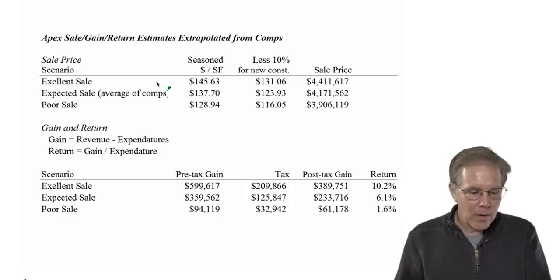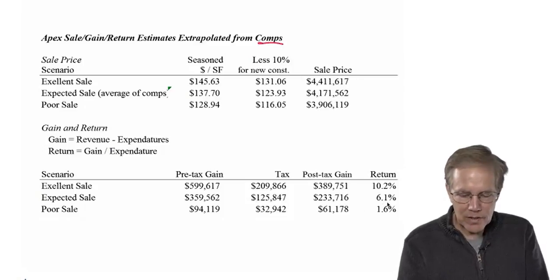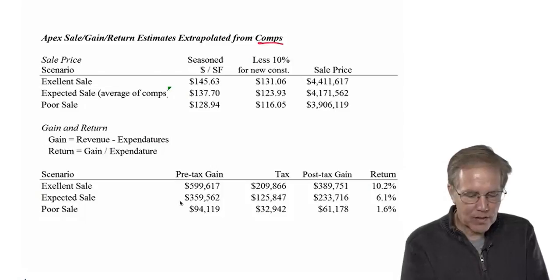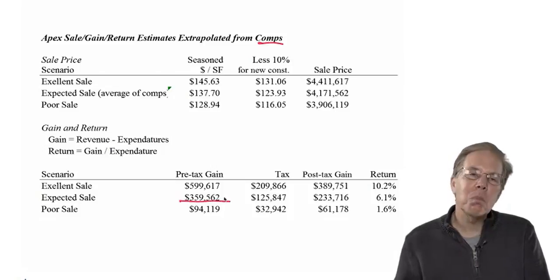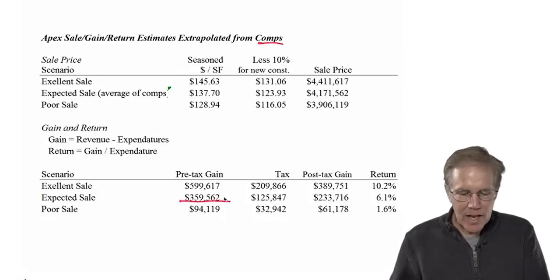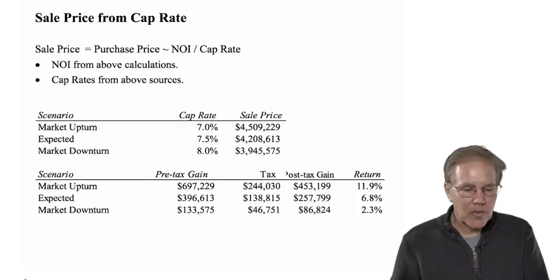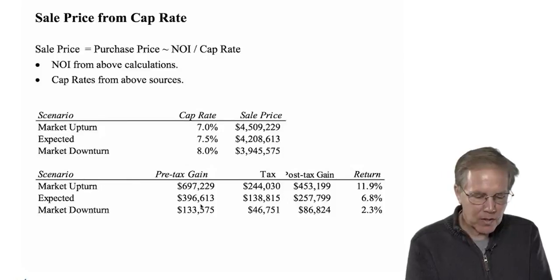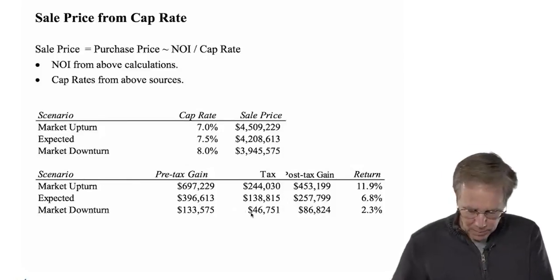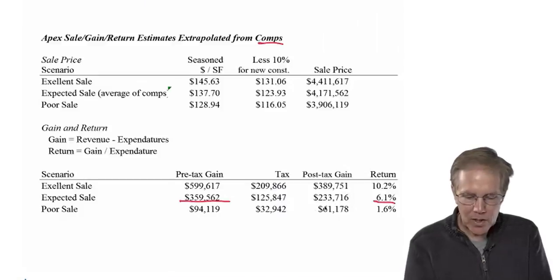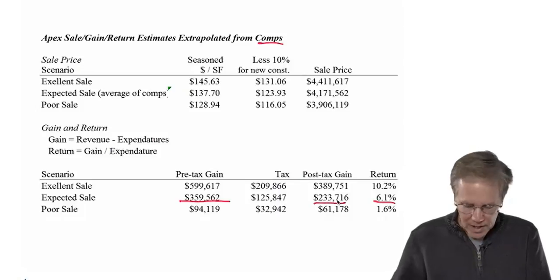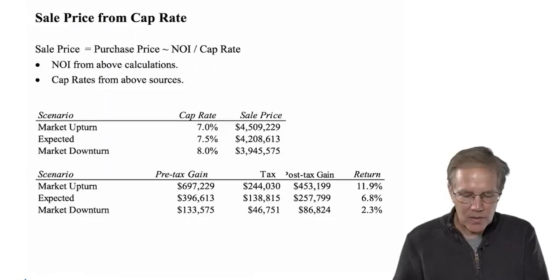So what we found for the comp sale was that for our expected sale, they could count on a gain of something like $360,000, a return in 1 year of about 6.1%. And from the cap rate sale, we found something similar. We had, whoops, this is my pre-tax gain, post-tax gain, about $234,000.